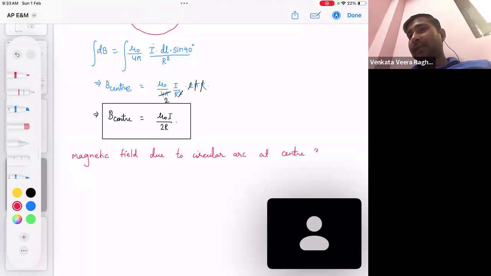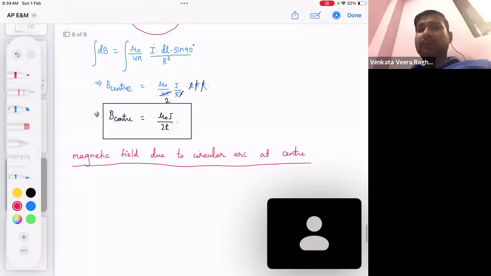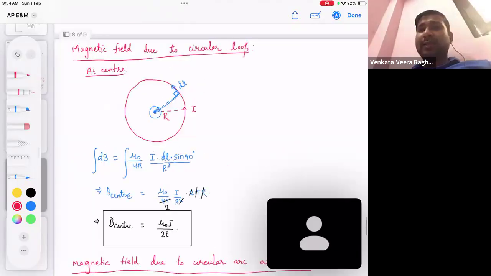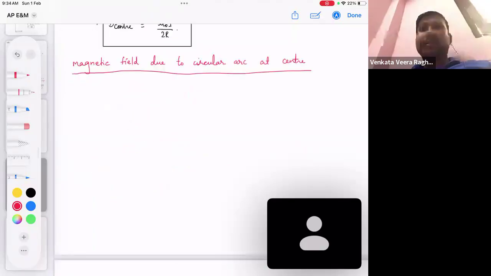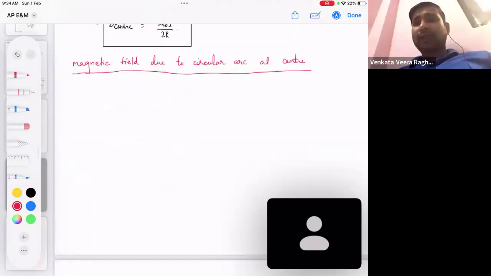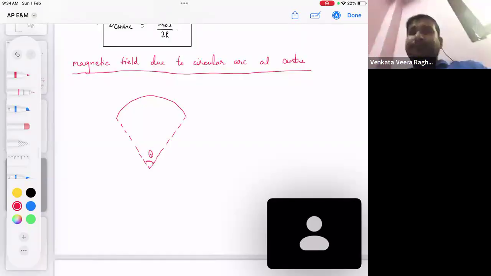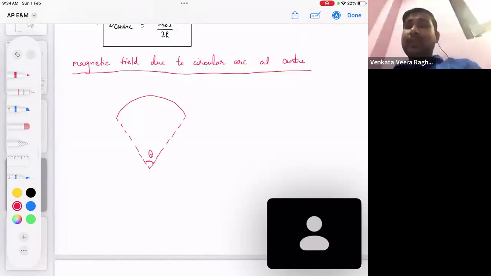We know due to the complete loop what is the magnetic field we have. Now we want to calculate due to the circular arc. The circular arc means what? Something like this. An arc is nothing but a part of the circle, and we want to calculate the magnetic field here. This arc is making how much angle? It is making theta angle, and let's say this is the current here.